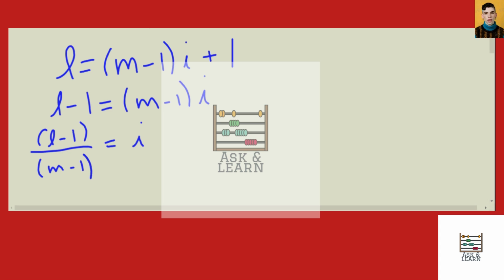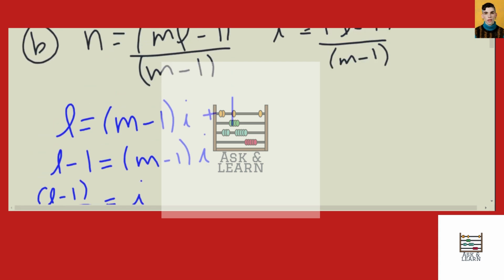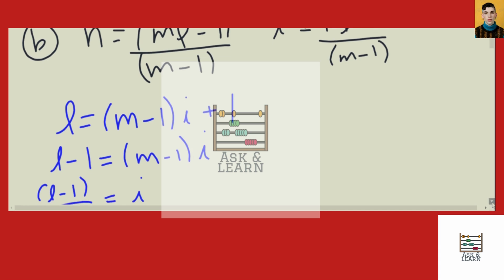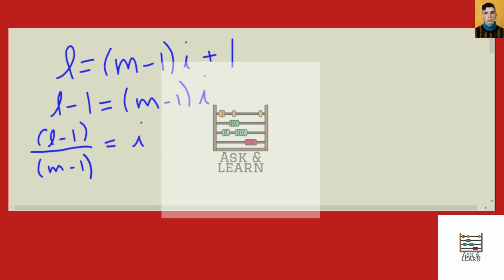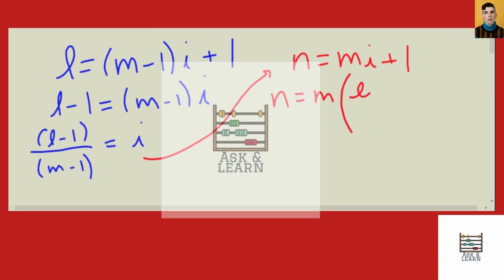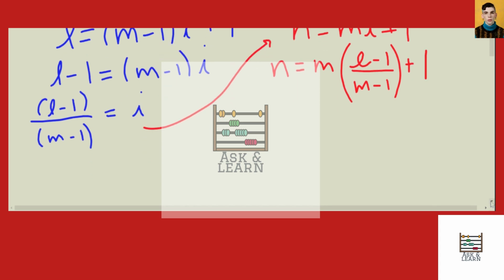So now to prove that n equals (ml minus 1) over (m minus 1), I can go ahead and use my n equals mi plus 1. And I know that my i from this problem, I can use it, plus 1. So I'm going to go ahead and multiply.